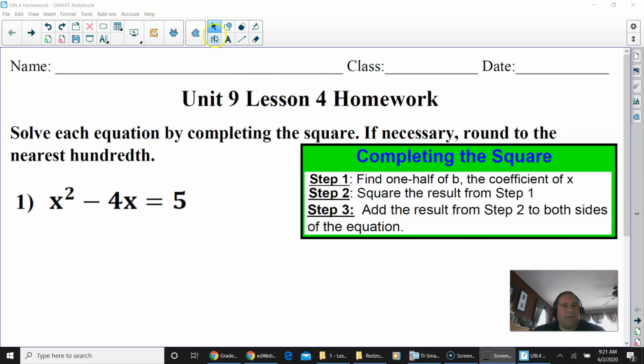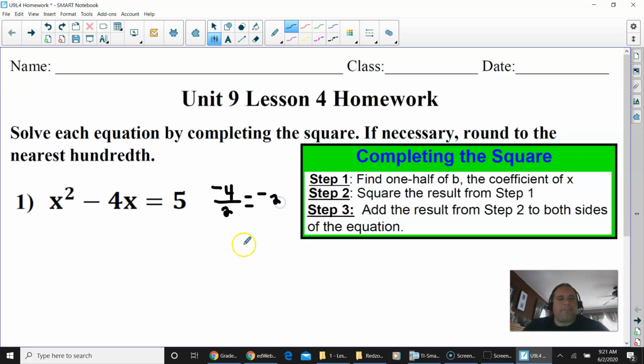So we're going to take number 1 together, and the first thing that I do is to take -4, which is your b, and divide it by 2. That's the first thing that I do. And I will get -2. After that, I go to step 2 and I square that result. -2 squared.